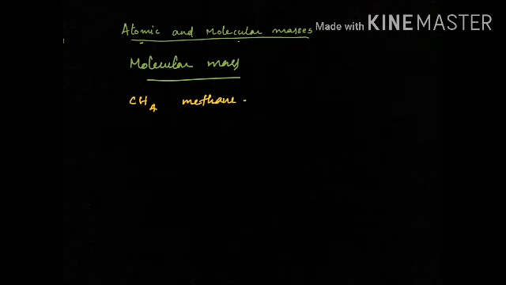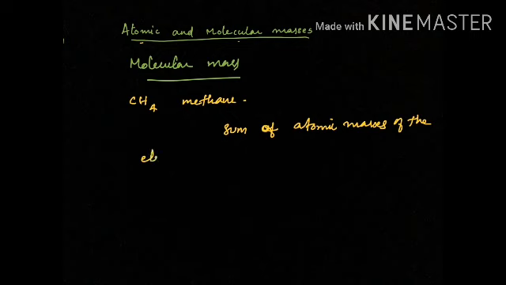So how do you find the molecular mass? Molecular mass is the sum of atomic masses of the elements present in a molecule, right? How will you find it out?